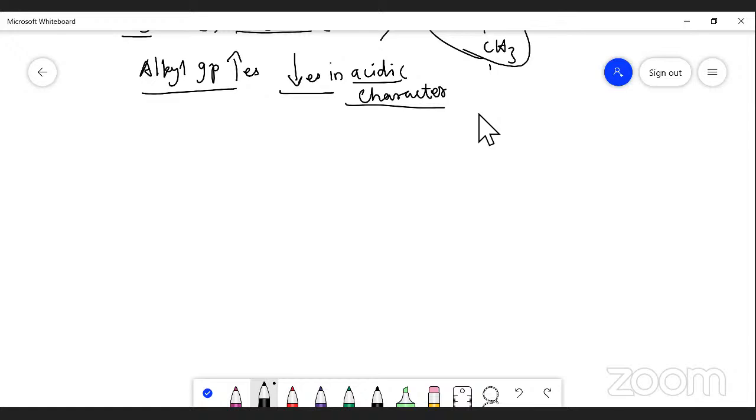First, preparation of a nitroalkane from alkyl halides. We know that alkyl halides means one alkyl group attached with a halogen. Let us take an example.